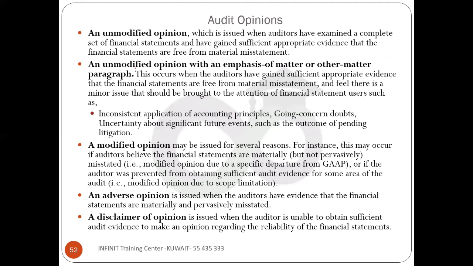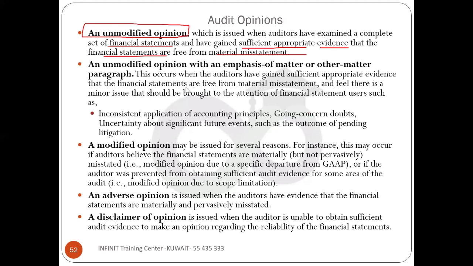An unmodified opinion is issued when auditors have examined a complete set of financial statements and have gained sufficient appropriate evidence that the financial statements are free from material misstatement. So here there is no modification, unmodified opinion. The evidence is appropriate and it is sufficient.